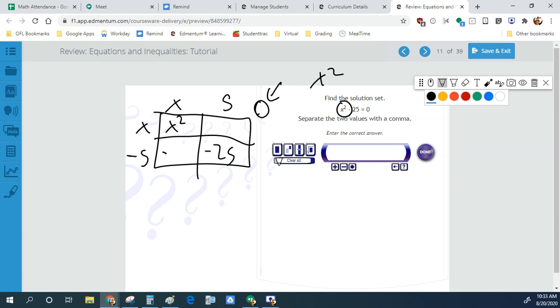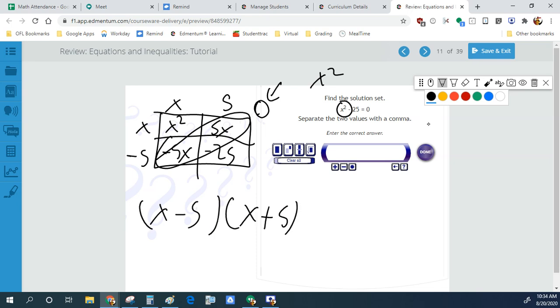Negative 5 times x, negative 5x. x times 5, that's 5x. And then if we combine these two, we get 0. They both cancel out. So we have two answers here. We have this negative 5 and this positive 5. So going back to this, what can I plug into here to make this 0?